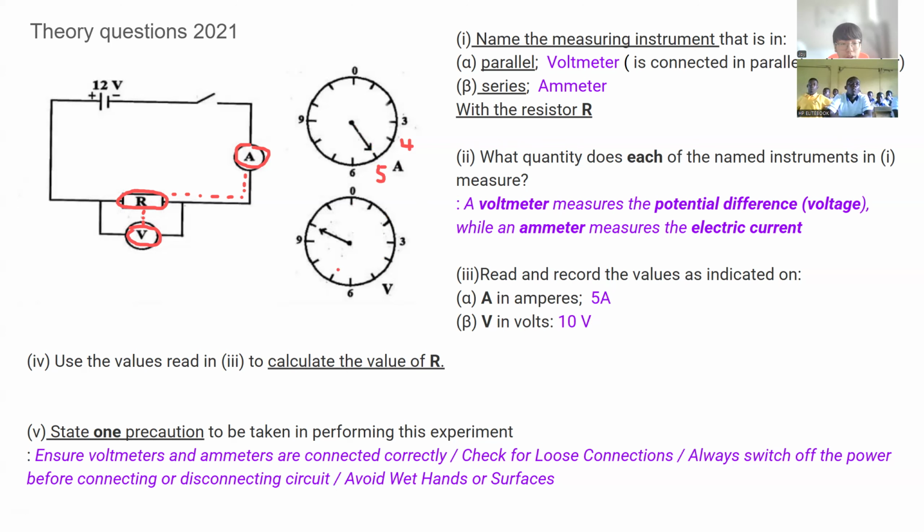This is pointing at 5. And here, voltage is 7, 8, 9, 10. It's pointing at 10, so it's 10 volts. And it's 5 ampere. That's one way you can tell the amount.